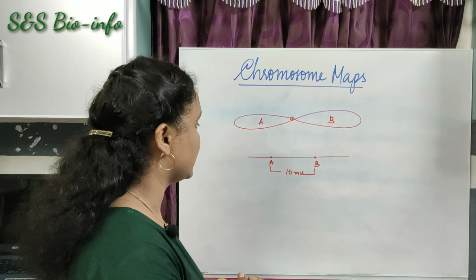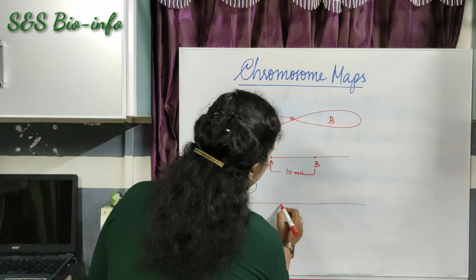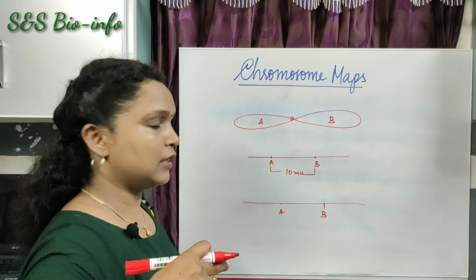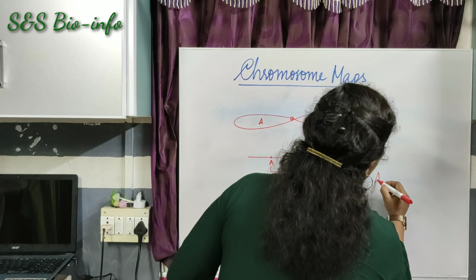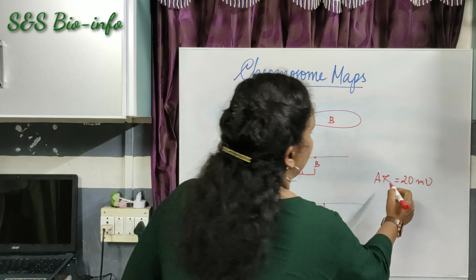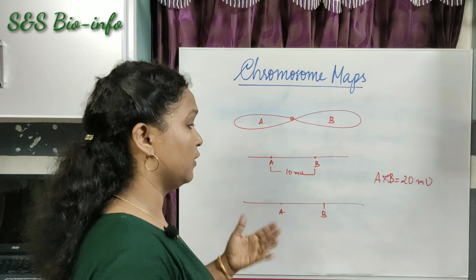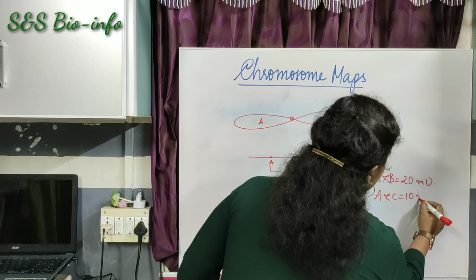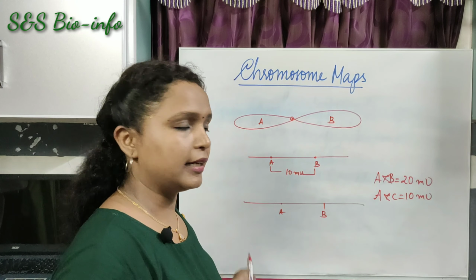Let's consider another example, another chromosome with gene A and gene B. The distance between A and B is 20 map units. Another value is also given: the distance between A and C is 10 map units. So where will you label the C in this diagram?